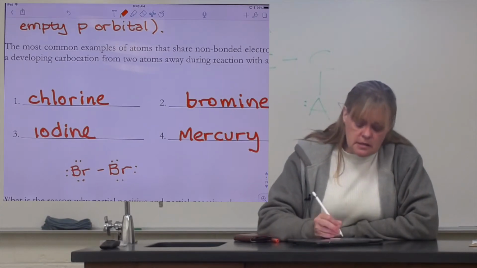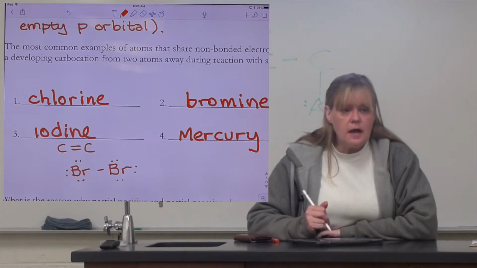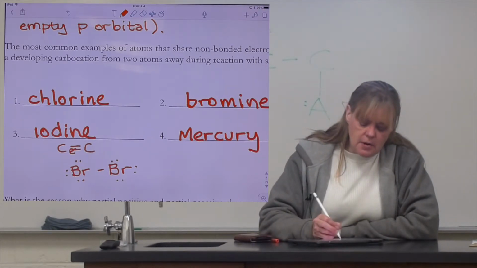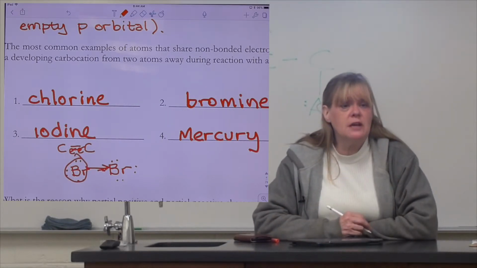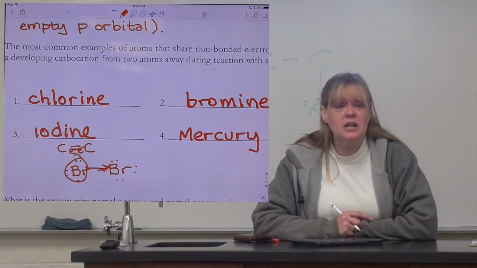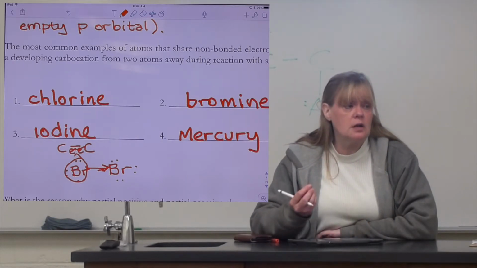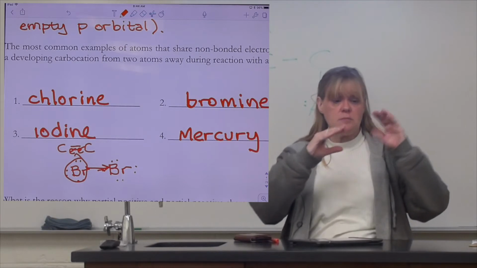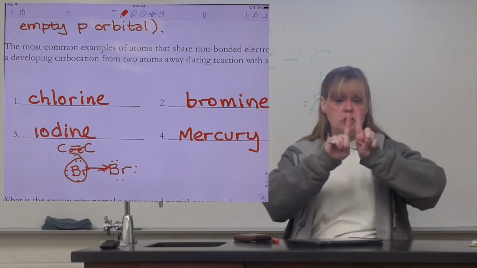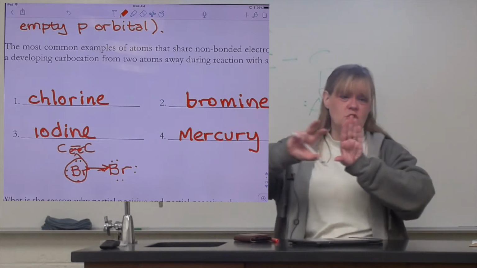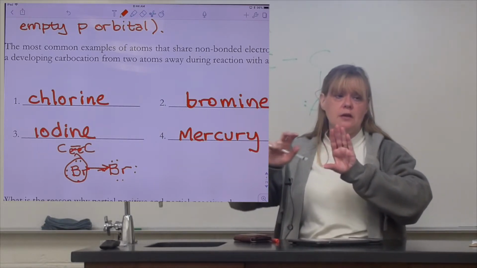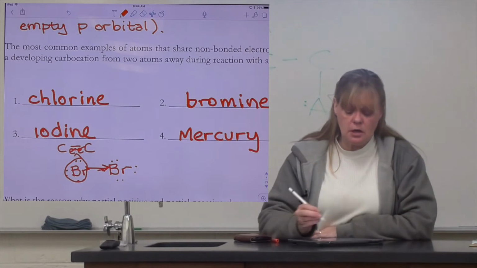So you know how normally you wouldn't write a partial positive and partial negative with this. But the deal is, if you get that close to a pi bond, the electrons in the pi bond are going to cause the electrons in the bromine to kind of squish over. Remember London dispersion forces from general chemistry, the squishiness of the electron cloud, and that's caused because you're getting electron shells too close to each other, and so they start to try and get away from each other within the electron cloud, and so you deform the electron cloud.